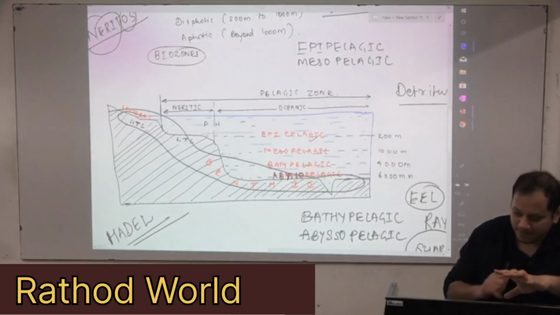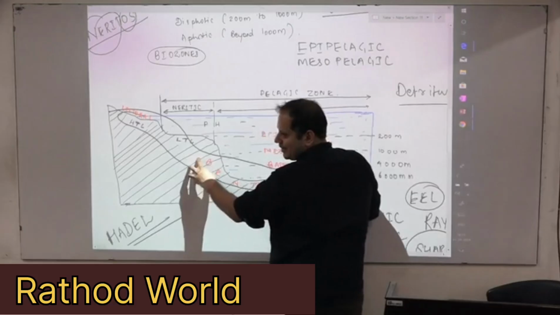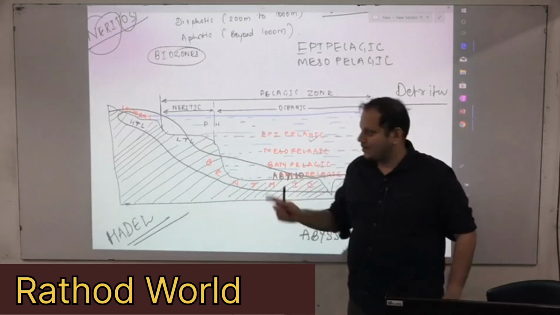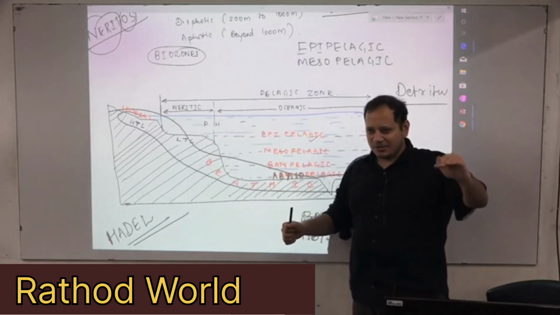Right? So it is divided into one which is below the neritic and the one which is below the oceanic. Neritic means the high tide low tide zone of the continental area.